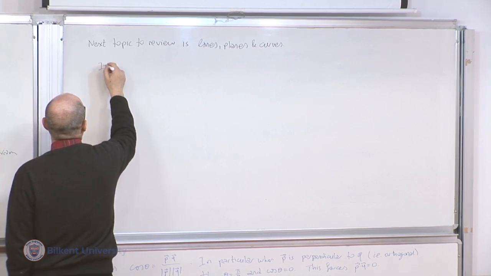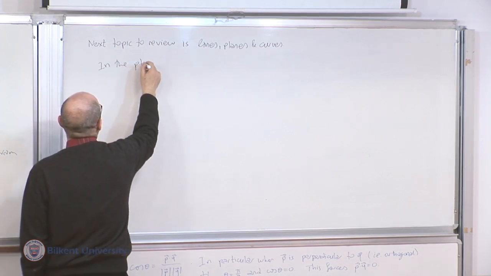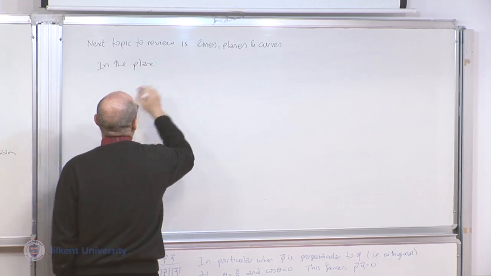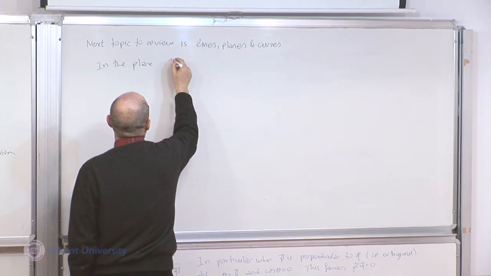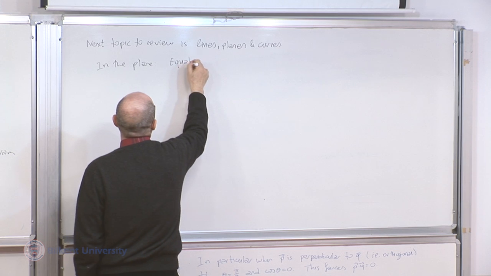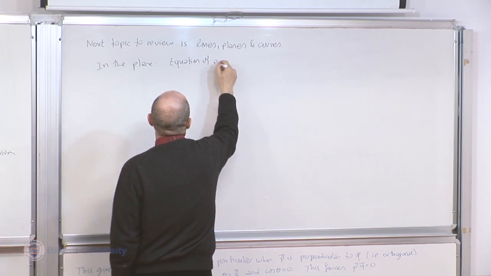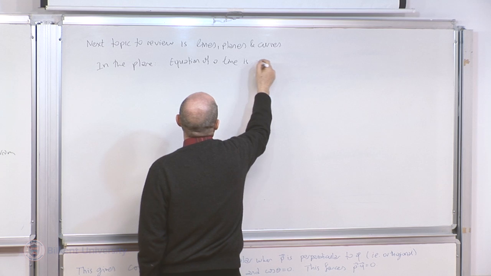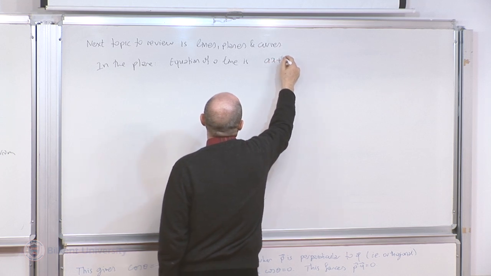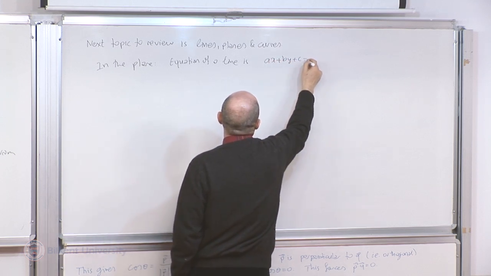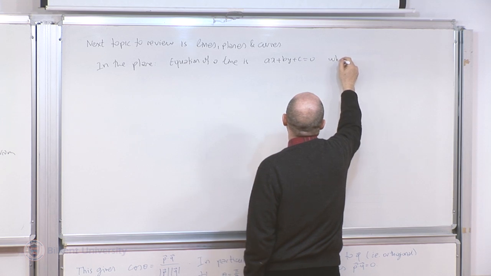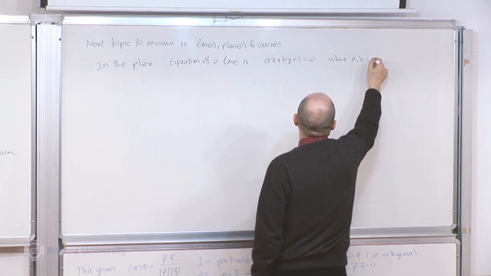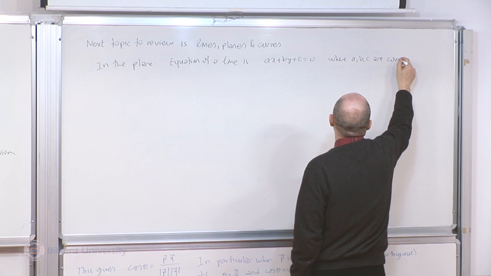So in the plane, the equation of a line is something like this: ax plus by plus c equals 0, where a, b, c are constants.